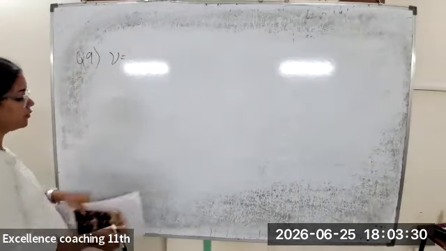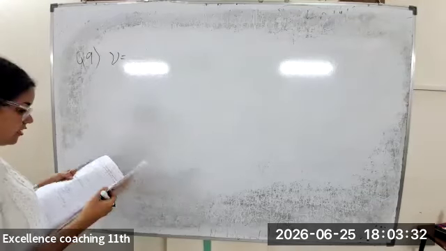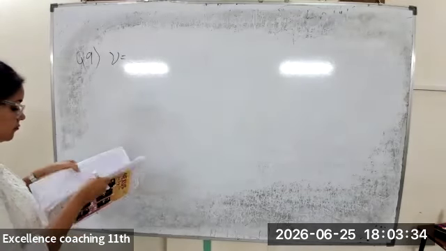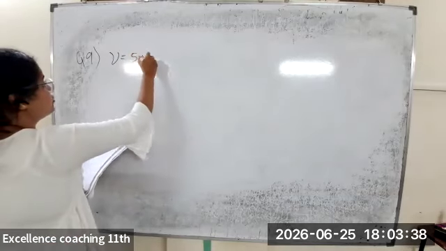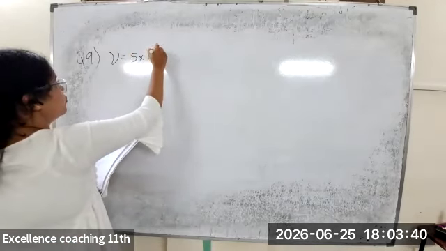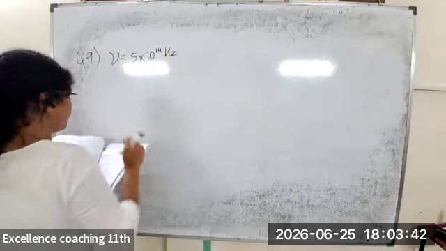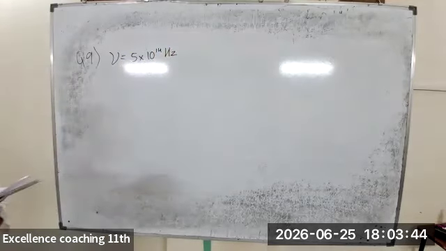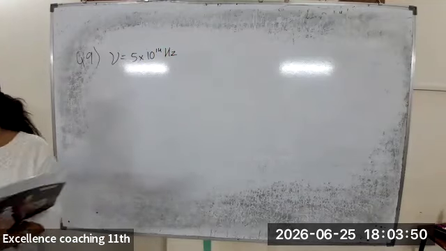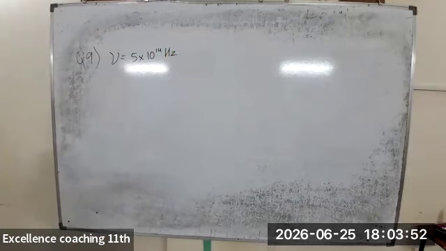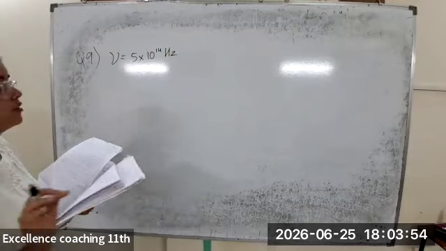We are given frequency, which is 5 into 10 raised to 14 hertz. And what are we told to calculate? To be more specific, they have said to calculate the energy of 1 mole of photon.